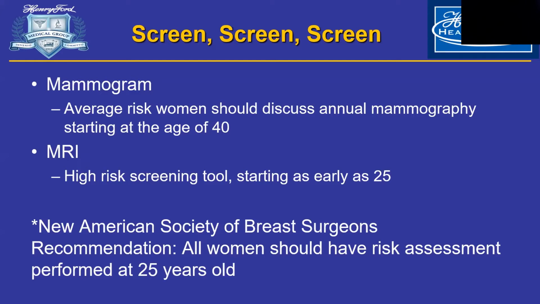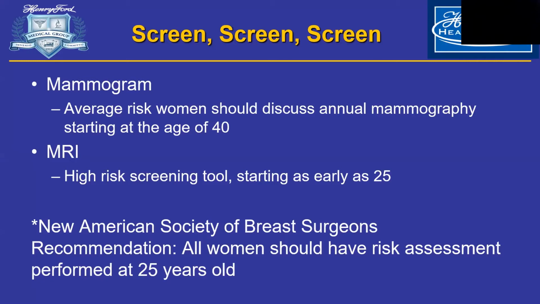In regards to MRI, this is something that we consider a high-risk screening tool. It is recommended to accompany mammography for women who are identified as high risk. So what is high risk? Anyone that has a personal or a family history of breast cancer, anyone who has been identified through risk assessment as having a lifetime risk greater than 20%, or someone with a known mutation that's associated with the risk of breast cancer.